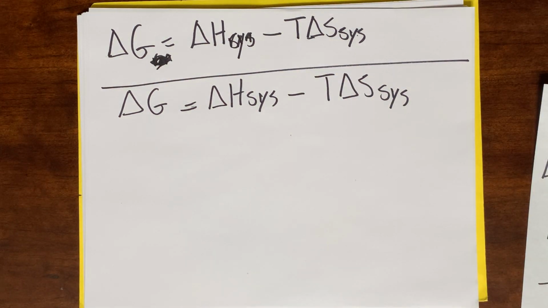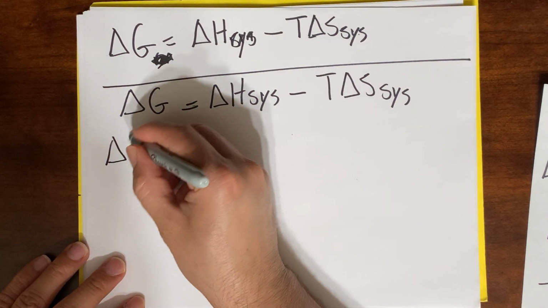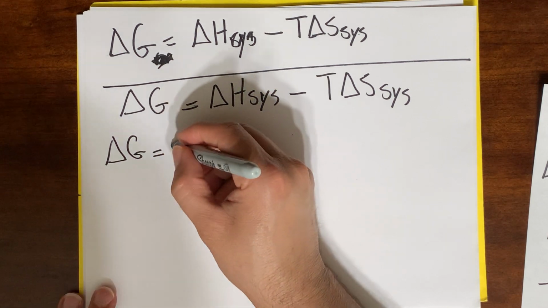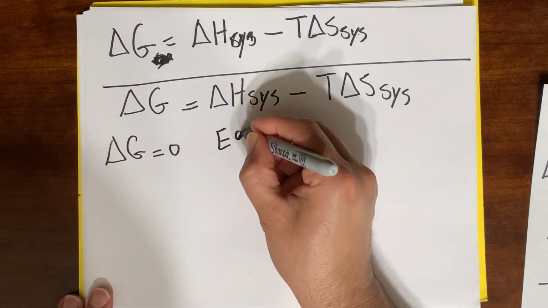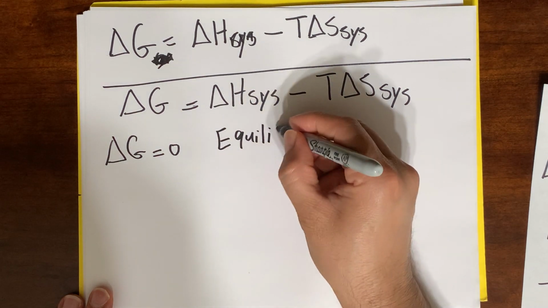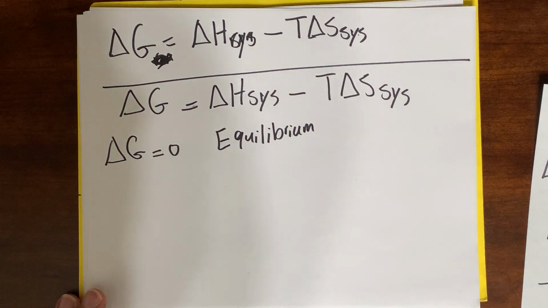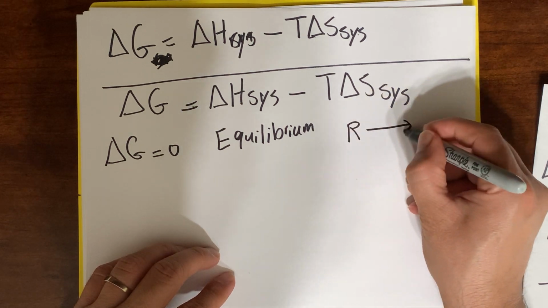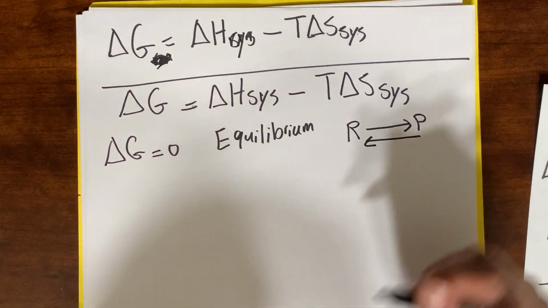If delta G is equal to 0, we say we are dealing with equilibrium. We have two processes. One is taking reactant to product, and the second one is taking the product back to reactant.